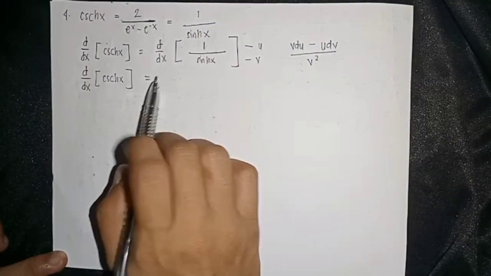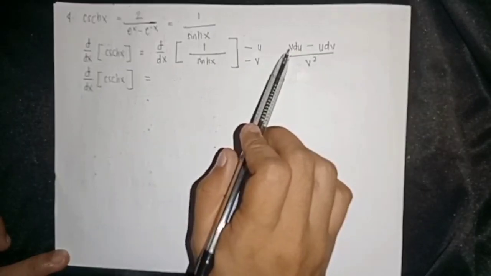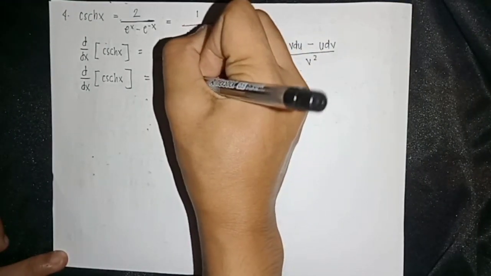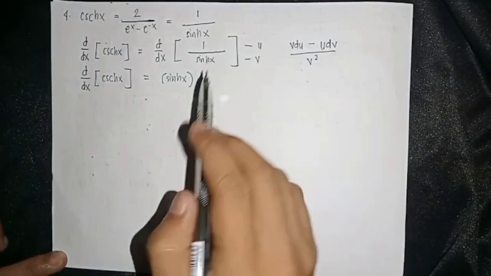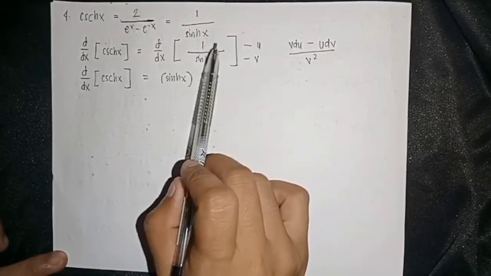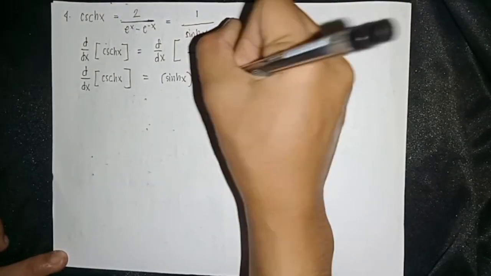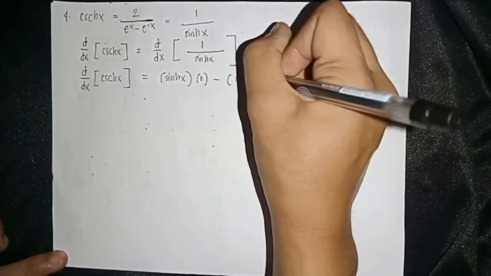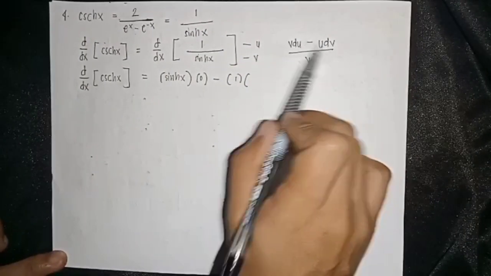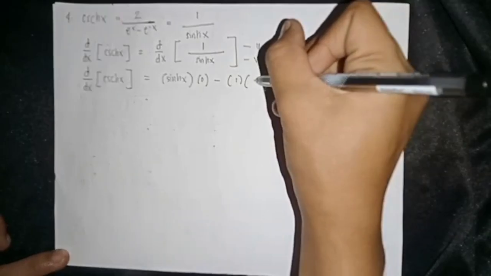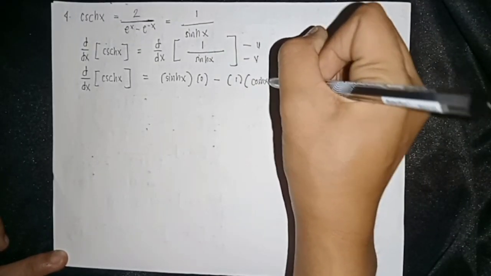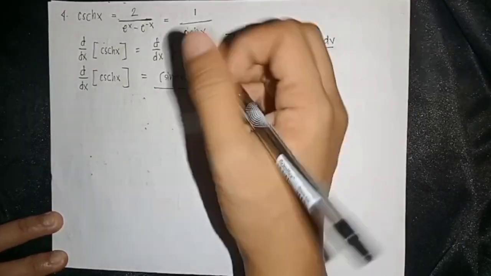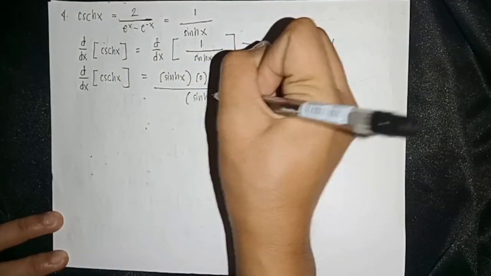So for our v, we have here our hyperbolic sine x, while the du, we have here the constant, which is 1, is probably 0, minus the u, which is 1, times the dv, which is the hyperbolic cosine of x all over hyperbolic sine x squared.